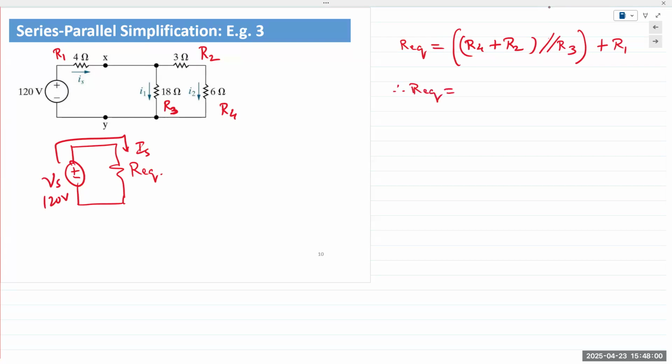So what is the answer? Req is 3 plus 6, 9. 9 in parallel with 18. Somebody perform that calculation, please, and plus 4 ohms. I keep saying somebody, not somebody, everybody. Everybody perform the calculation. Let me know what Req is.